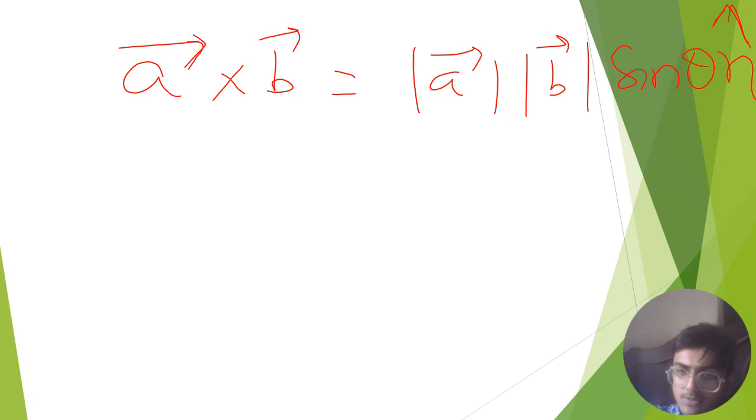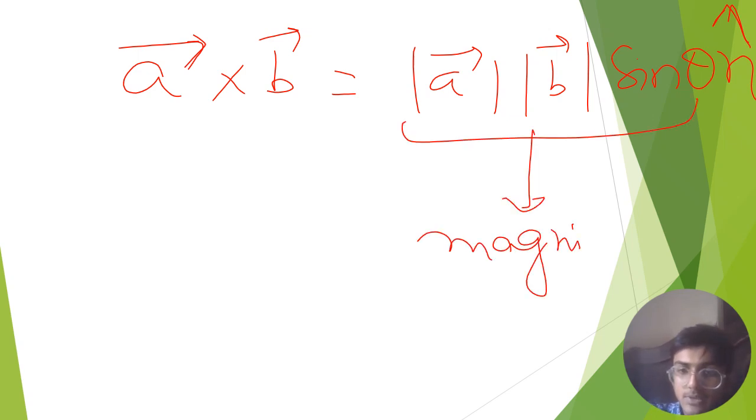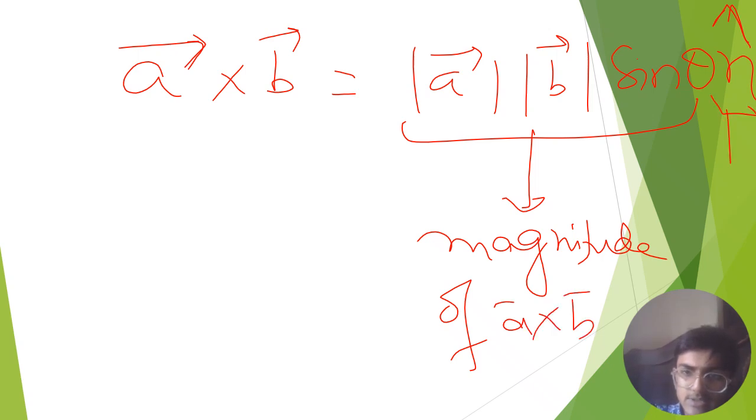Since two directions are possible, n cap will show the direction of that vector. That is its role. It is a unit vector, so it will show the direction. And this will be the magnitude of the resultant vector which we will get after just doing A cross B. This is the magnitude of A cross B, and this will represent its direction.